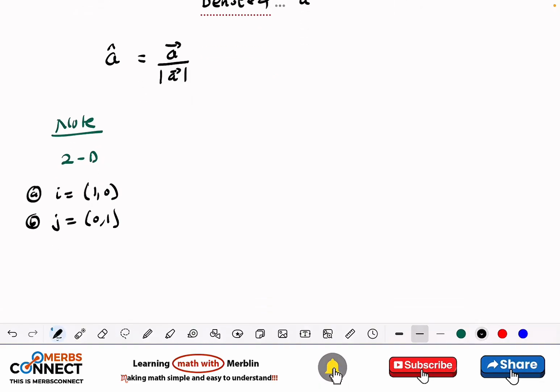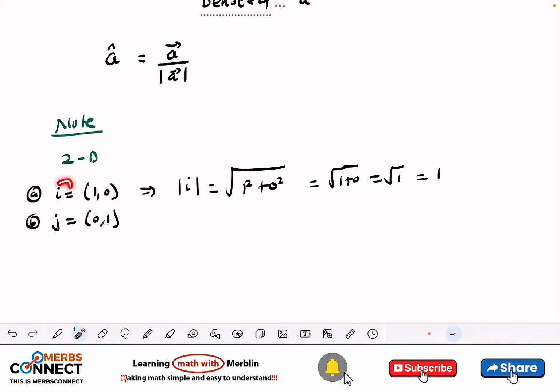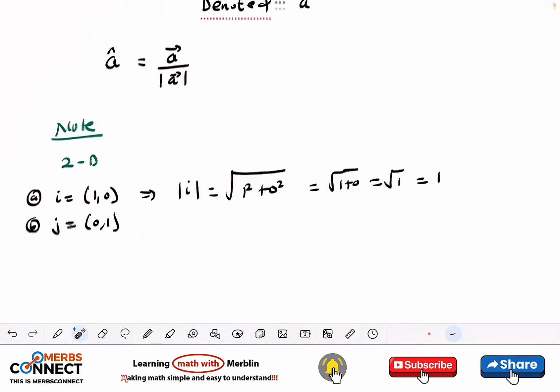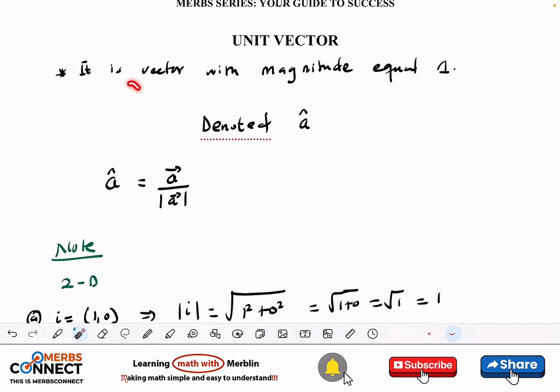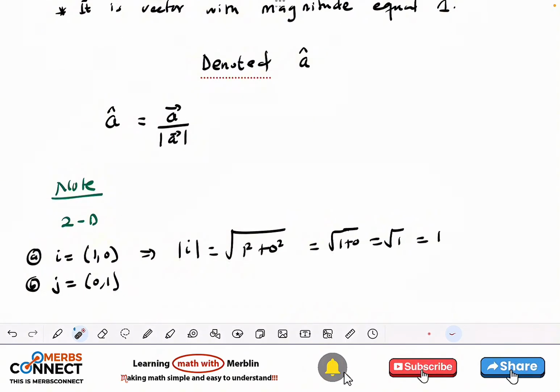So let's look at this. When I find the magnitude of I, what am I going to get? This is just 1 squared plus 0 squared, and this is 1 plus 0, and this is root of 1, and this is 1. So it means that I is a unit vector because it has a magnitude of 1, right?